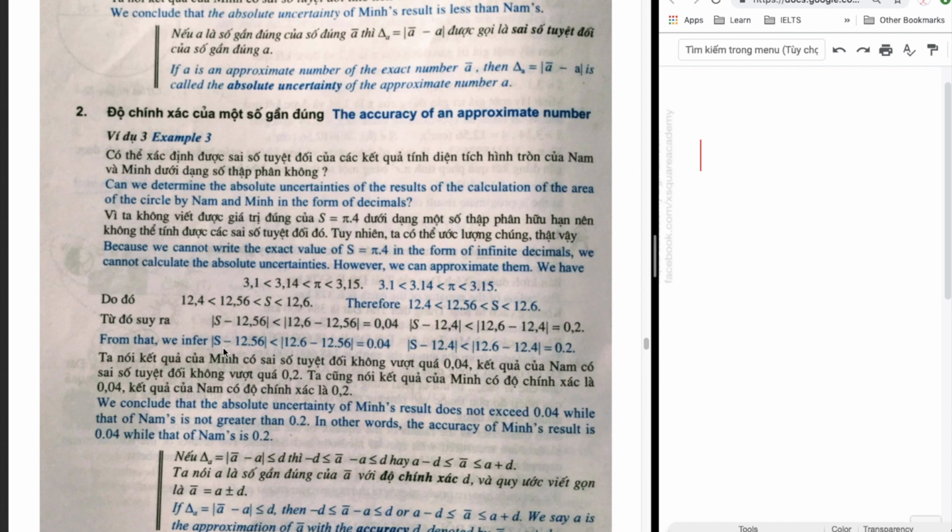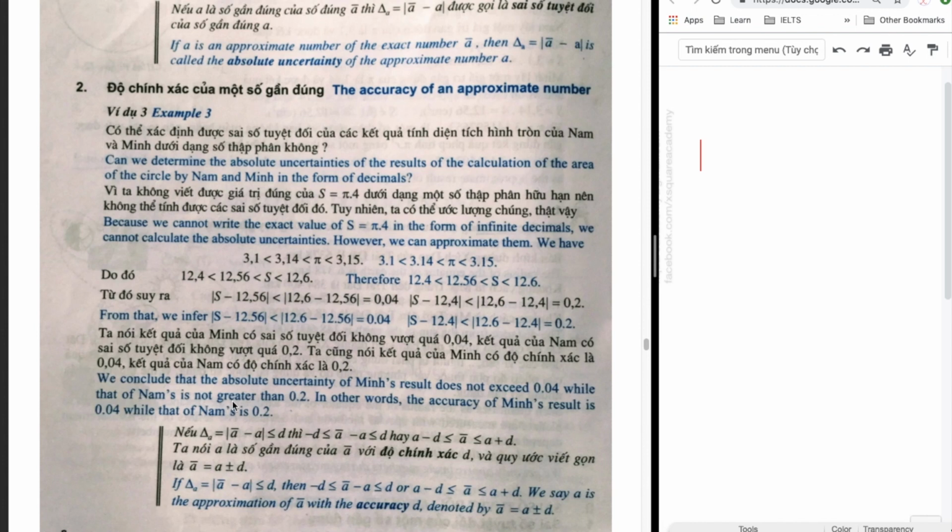From that, we infer the absolute value of S minus 12.56 is less than the absolute value of 12.6 minus 12.56 equals 0.04, and the absolute value of S minus 12.4 is less than the absolute value of 12.6 minus 12.4 equals 0.2.